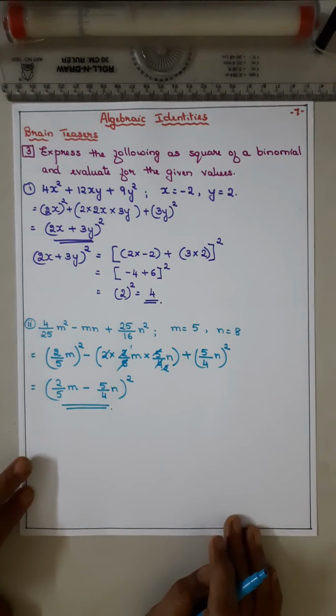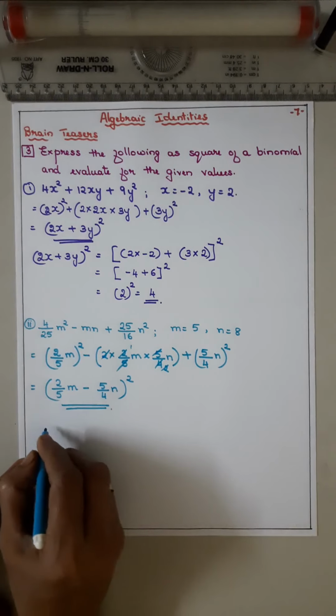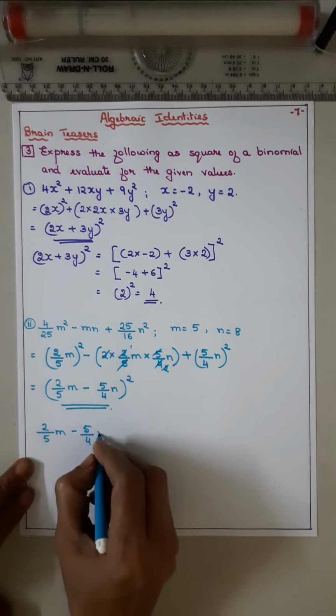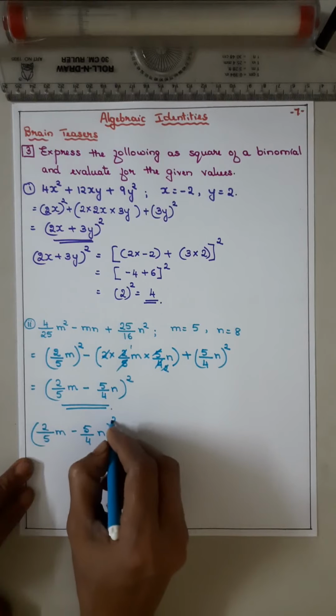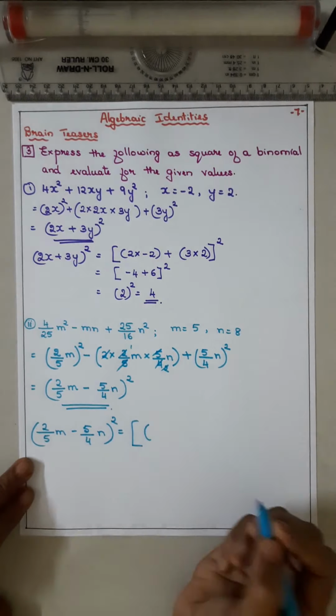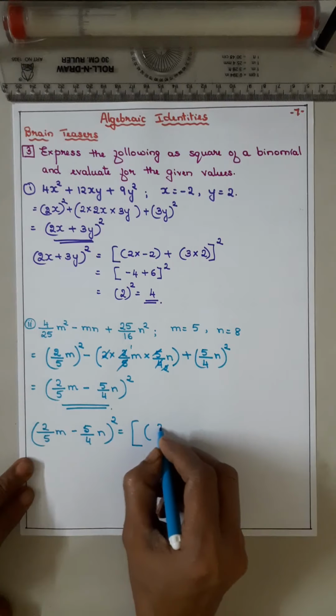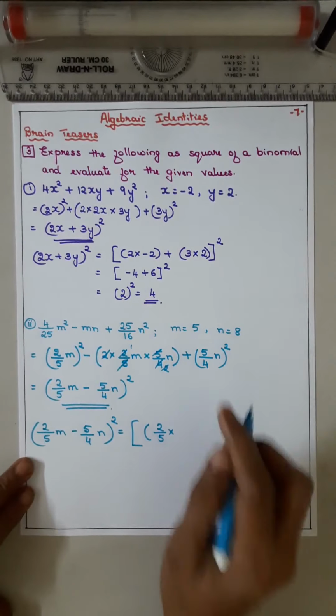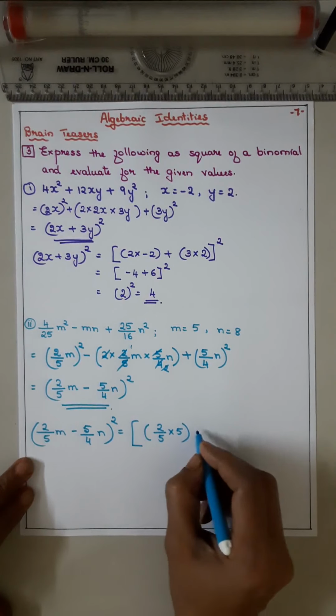Now evaluate. For evaluate you have to write the question: 2 by 5m minus 5 by 4n and the whole square. Now put the value. Square bracket open and round bracket 2 by 5 into m. What is the value? 5.